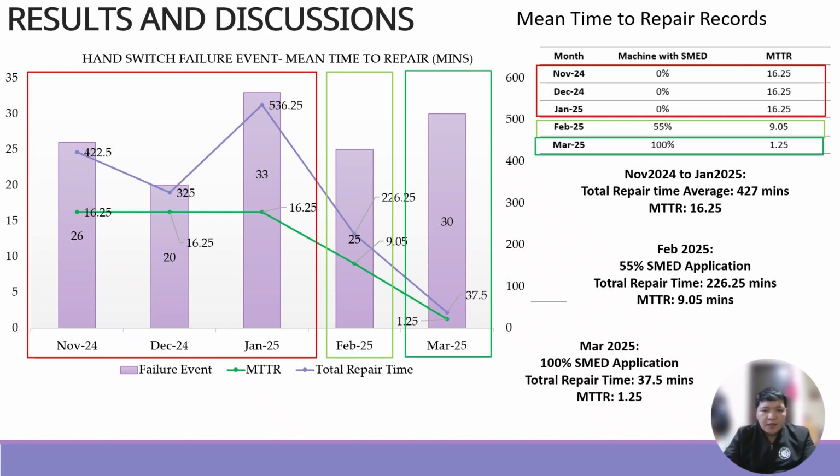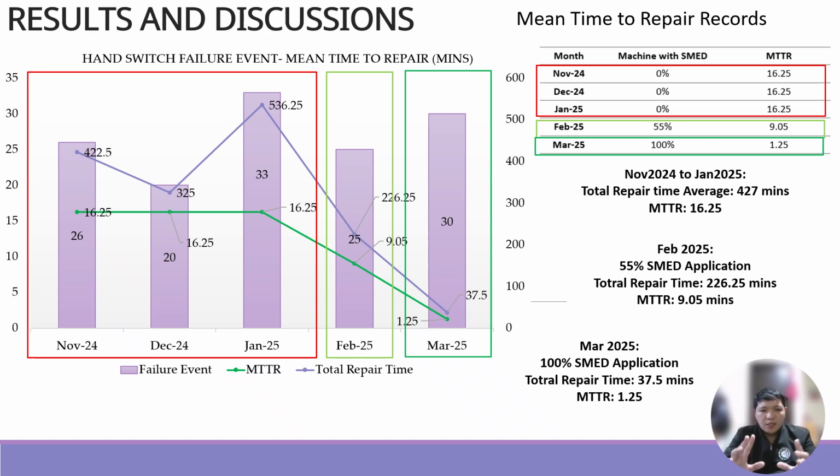And then lastly, for the month of March, clearly we have a significant drop in MTTR as we apply the 100% SMED concept in all machines of the production line.